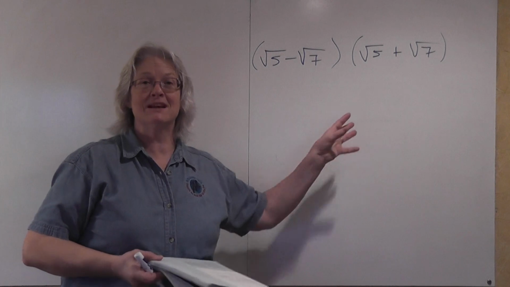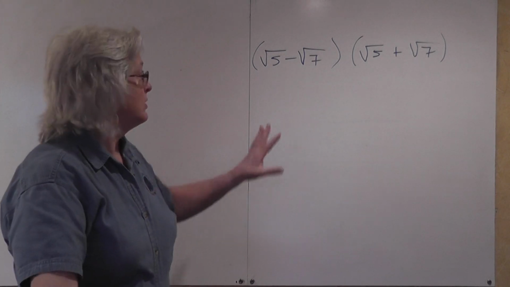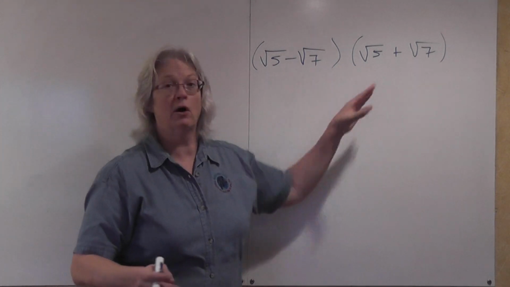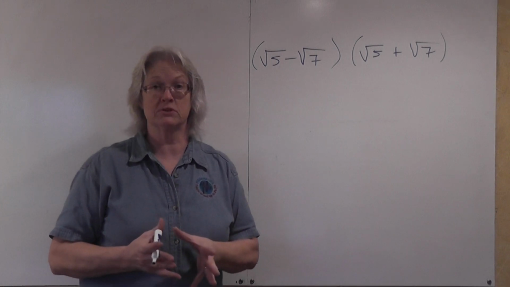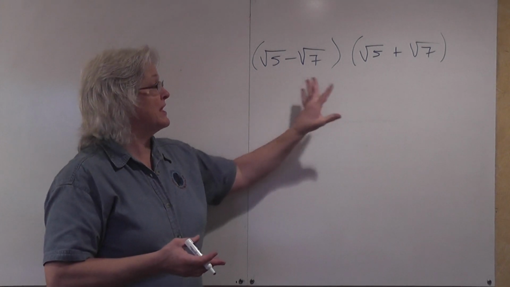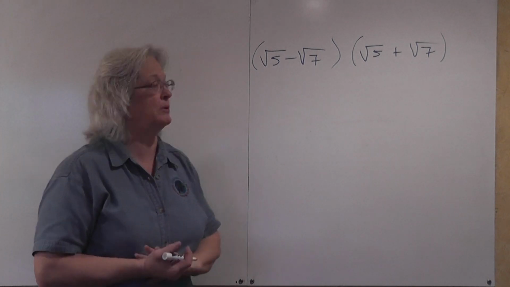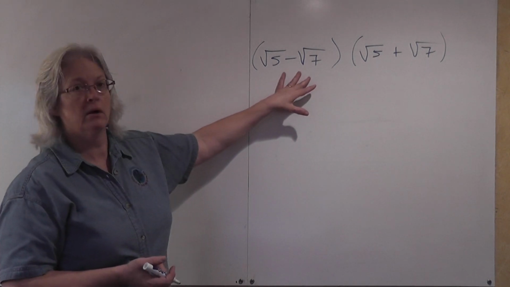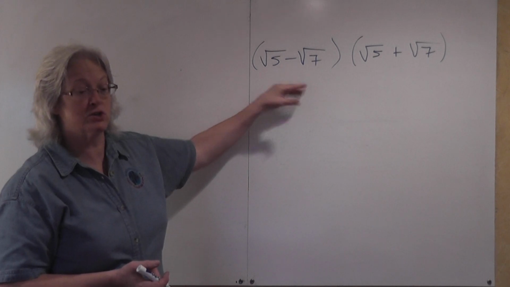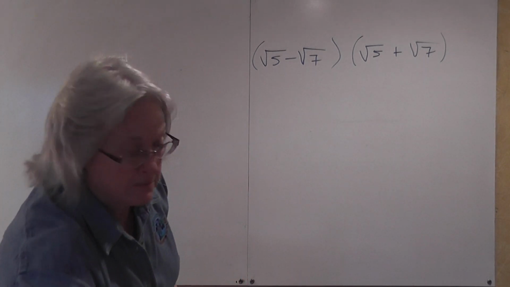Now remember I said that radical expressions are not polynomials, but they can be treated and multiplied as if they were polynomials. If you look at this, what does this remind you of? Or what should this be reminding you of?